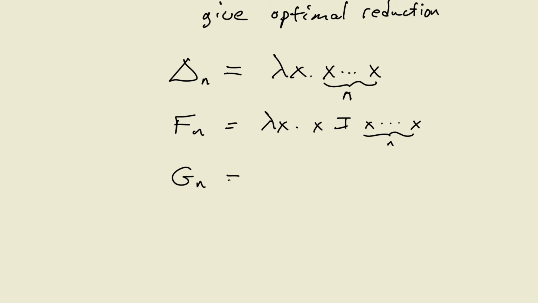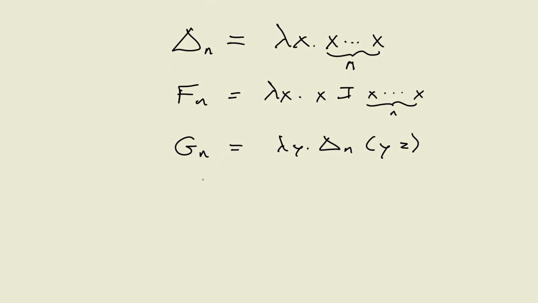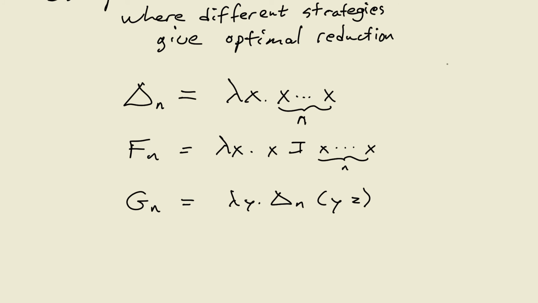The definition, no doubt you could find something shorter, but this isn't actually so bad, really. This G sub n, you apply this n-fold duplicator to y applied to some free variable z there. What is the I in the F n? Oh, sorry. The I is just lambda x x. Yeah, I is lambda x x.